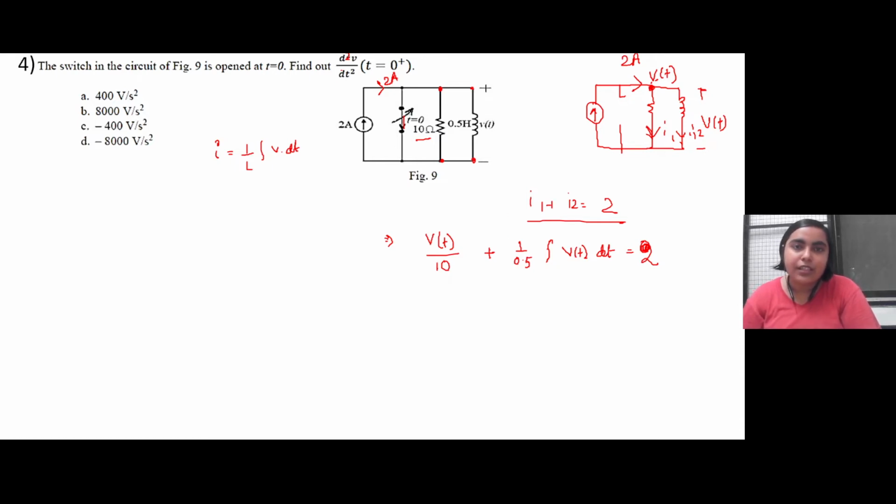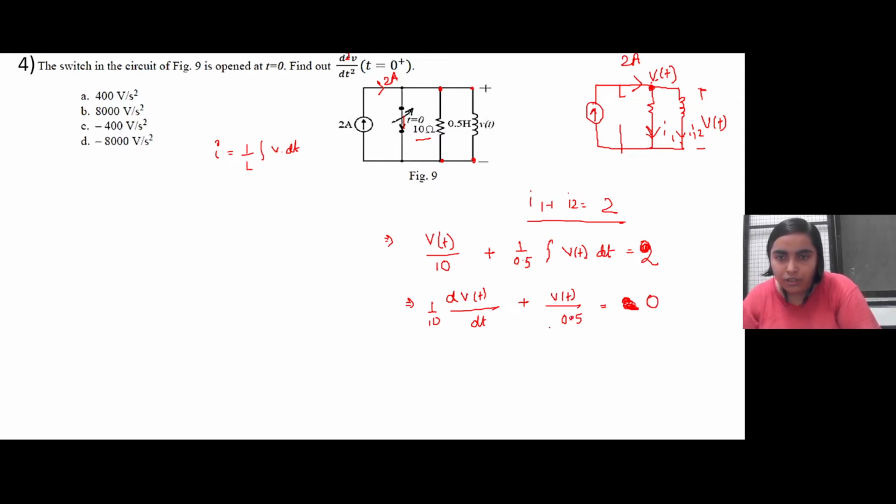Since we need d square V by dt square, we need to differentiate this equation, because we will get only V of t here. Taking a derivative, 1 by 10 dV of t by dt will remain, plus V of t into 0.5, equal to 2. If we differentiate this constant, then it will be equal to 0.